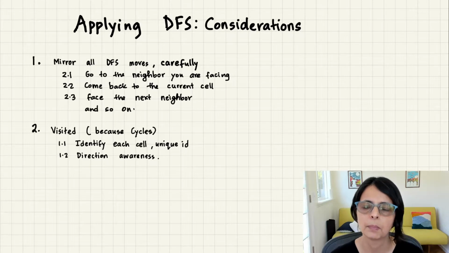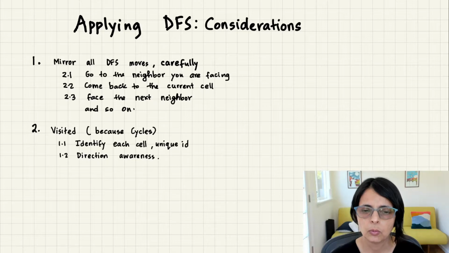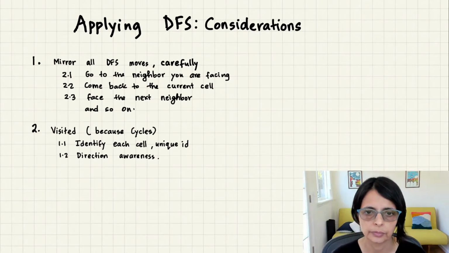So we need to take a pause and really think about what it would mean to make the robot do DFS. We have to make the robot copy or mirror all the DFS moves very carefully. Like go to the neighbor that you are facing, come back to the cell that you came from, which is return to your caller in the DFS recursive structure.